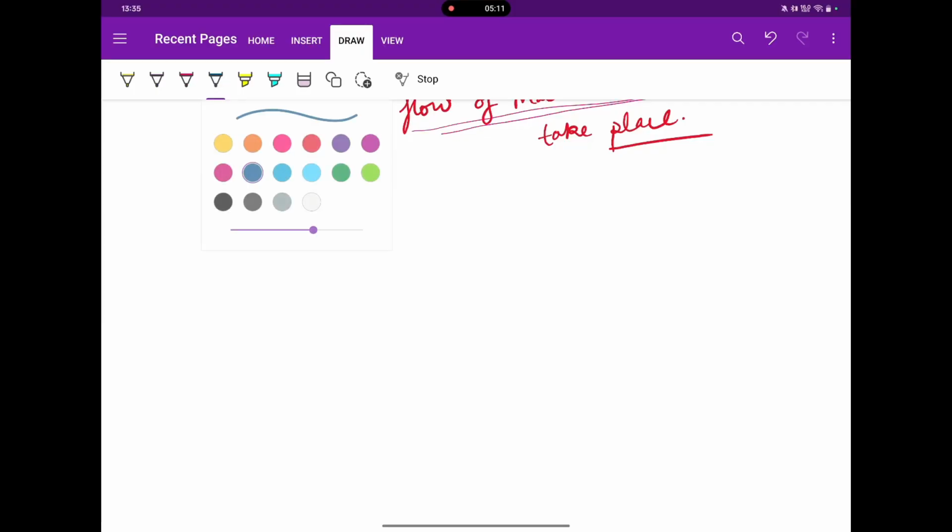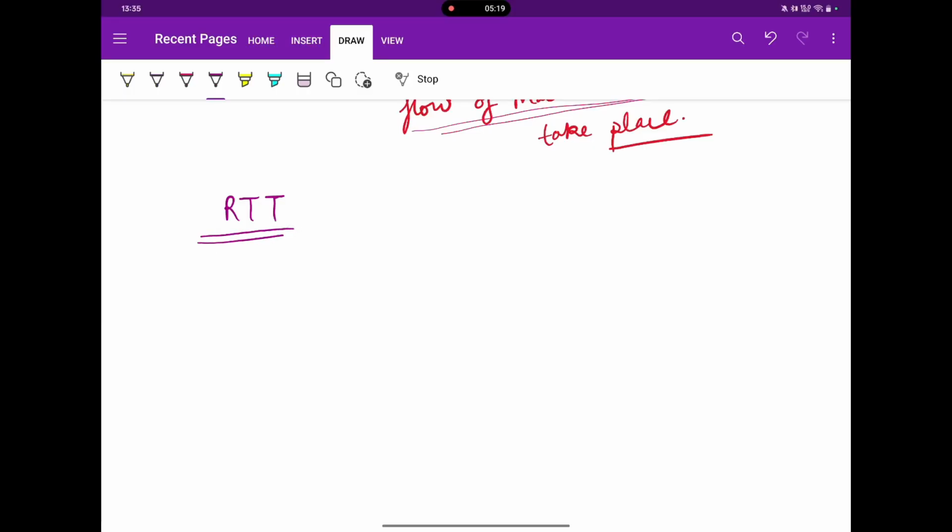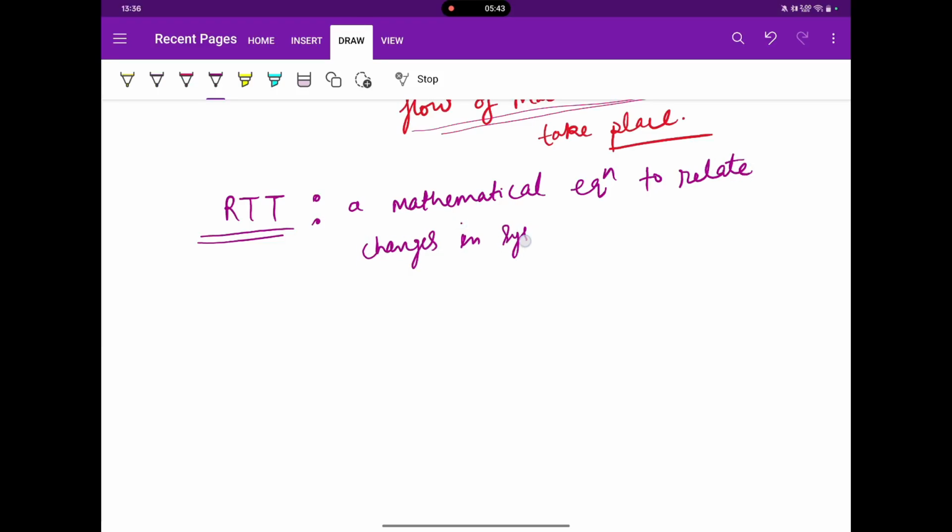RTT, Reynolds Transport Theorem. So what is it? Reynolds Transport Theorem is basically a mathematical equation, which uses integration and differentiation, a mathematical equation to relate changes in system to changes in control volume.